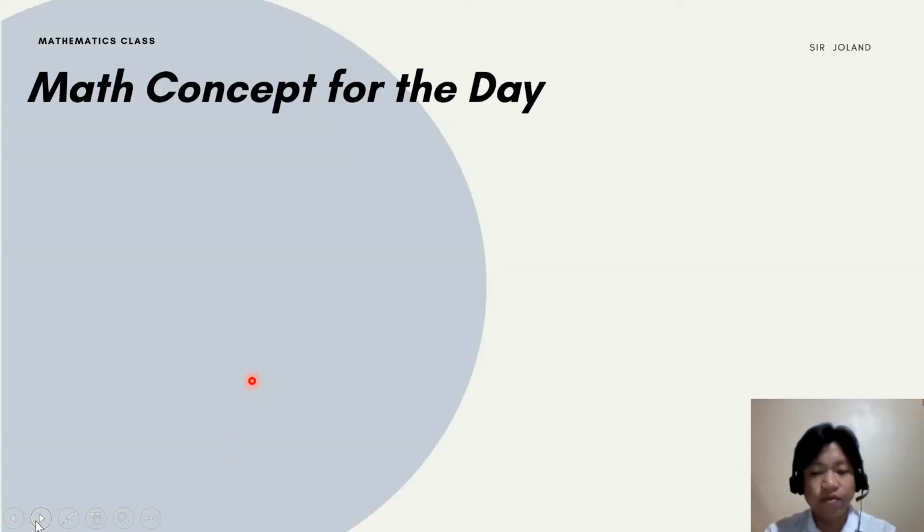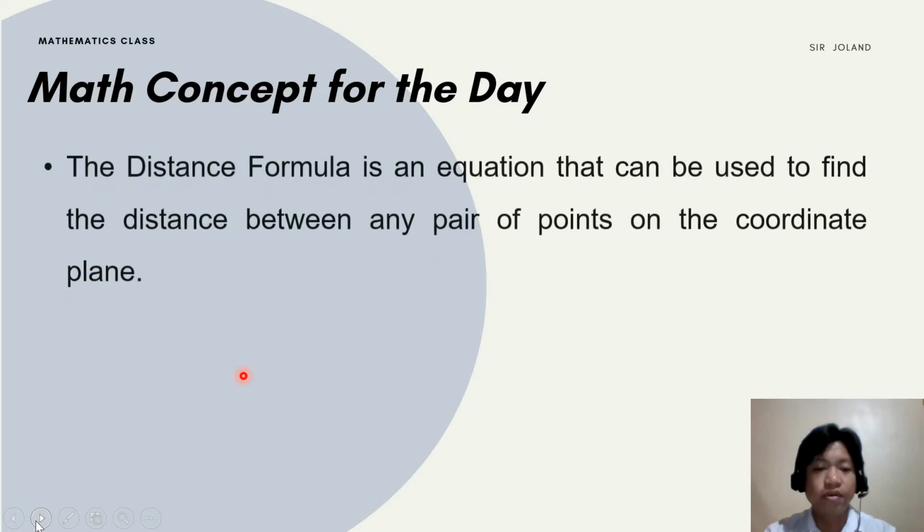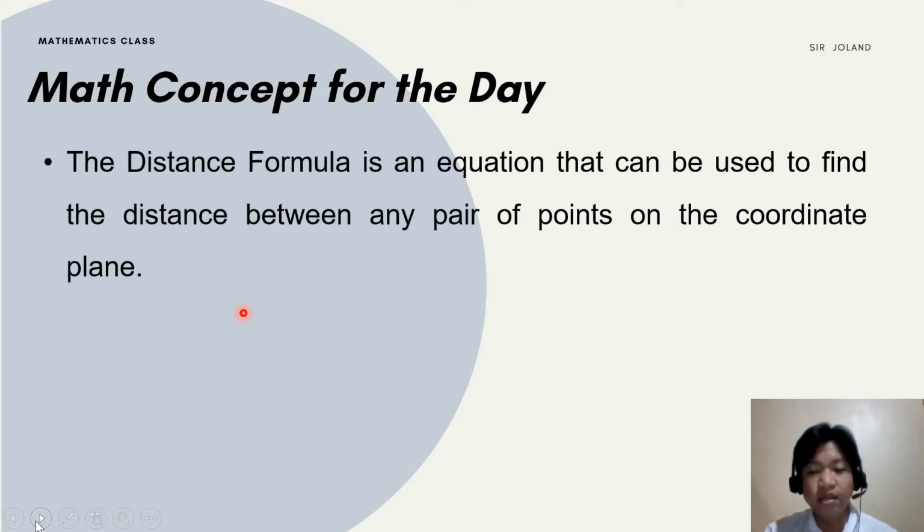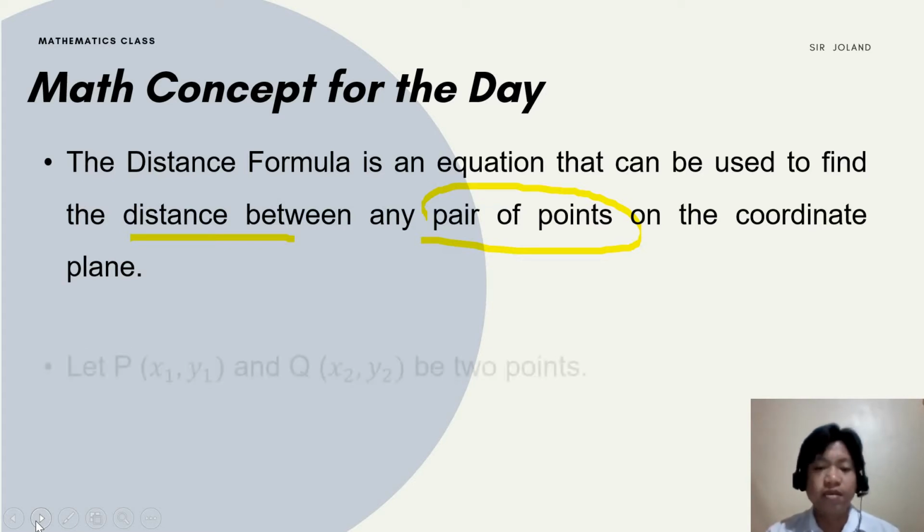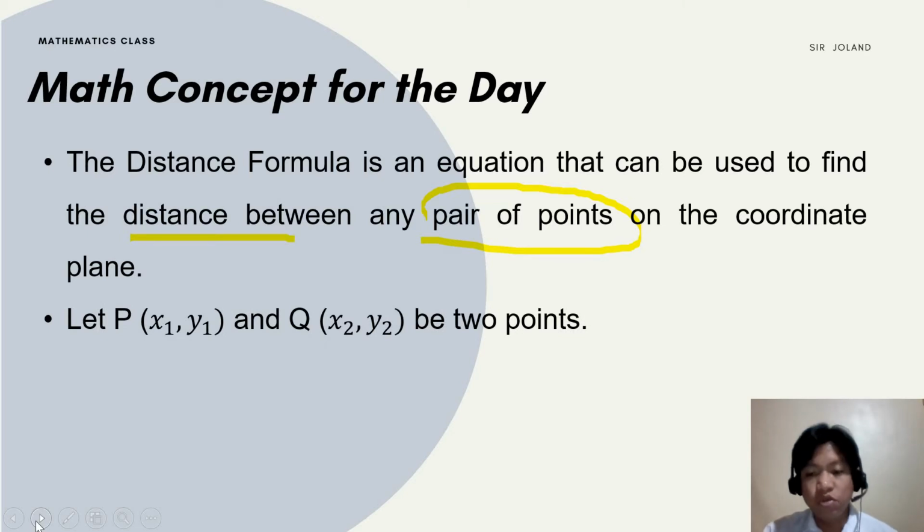So let's start with the concept. Okay, so what is the distance formula? So by definition, it is an equation that can be used to find the distance between a pair of points on the coordinate plane. So we're talking about getting the distance between point A to point B or point B to point A. Okay, so now if we're going to use points here, we're going to represent points by using capital letters.